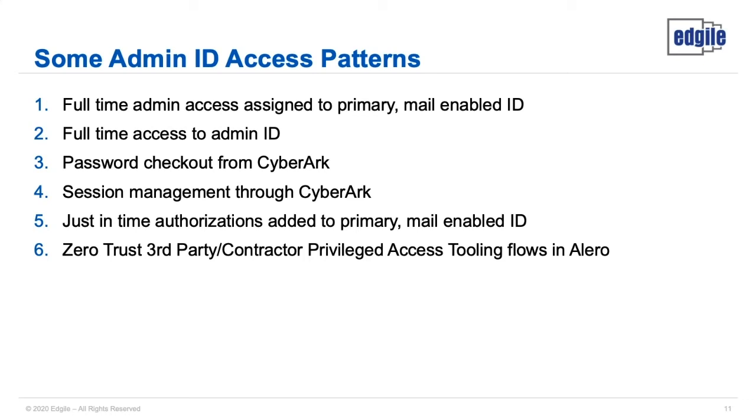The other patterns are full-time access to an admin ID, the password checkout from the CyberArk solution, session management, again from CyberArk, and just-in-time authorization added to your primary mail-enabled ID, and then the zero trust third-party contractor privileged access tooling flows in Aliro.